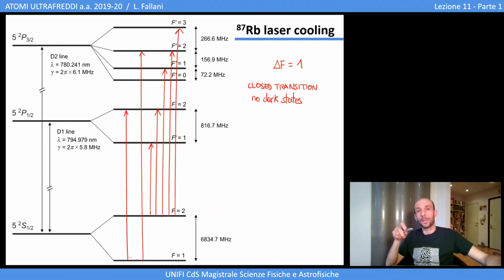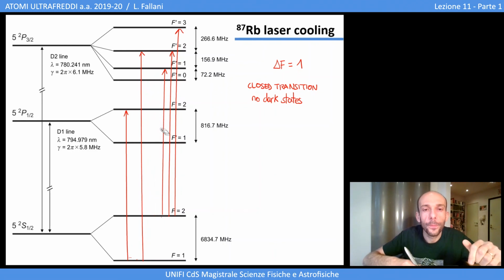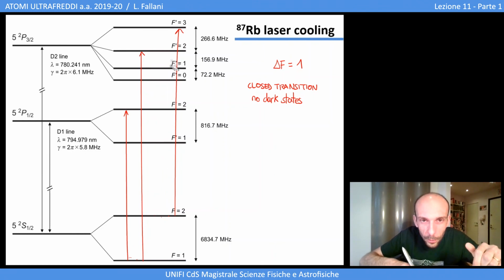Then, transitions starting from the F equal 2 state. The first one is the 2 to 1, which is not good. Then we have 2 to 2, which is not good. Then we have 2 to 0, that is not good either. 2 to 2, that is not good. 2 to 3 is good.